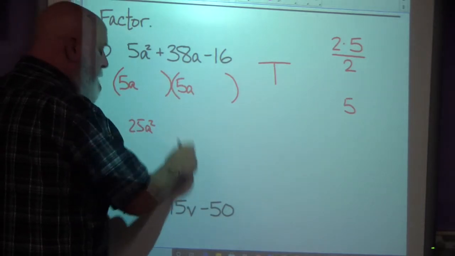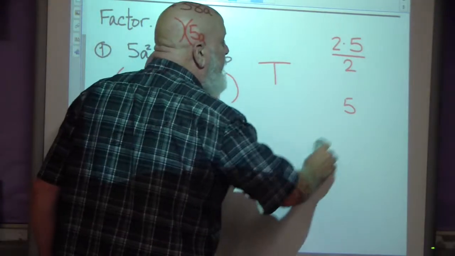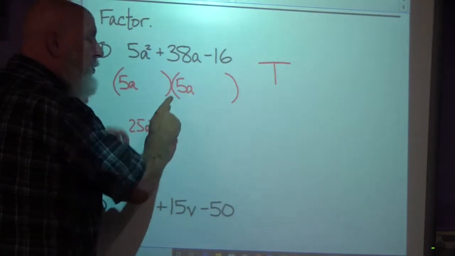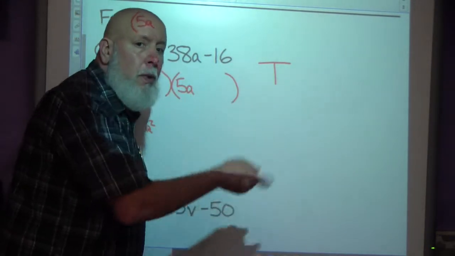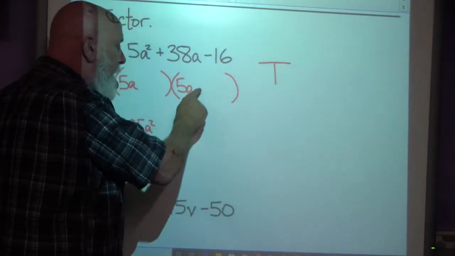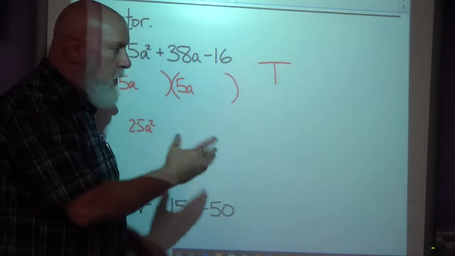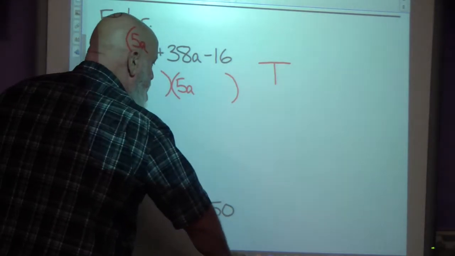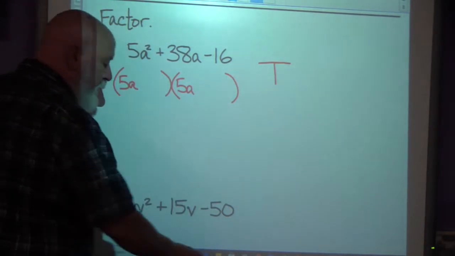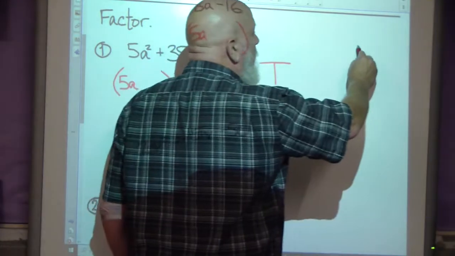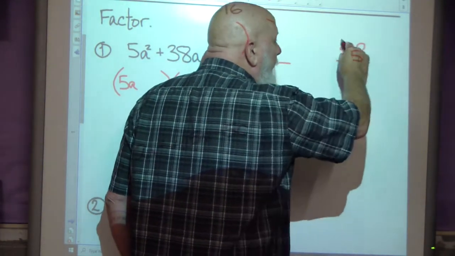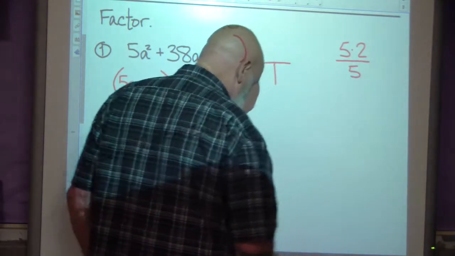So I'm introducing an extra factor of 5 for just a second. Then I'm going to turn around and divide one of these by 5. And so I've multiplied by an extra 5, and here in just a second I'm going to divide by that 5. And so it won't change the value. It'll be just like I did here. If I started with 2 and I multiply it by 5 and then I divide it by 5, I've still got a value of 2.